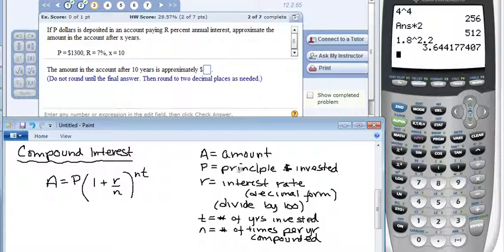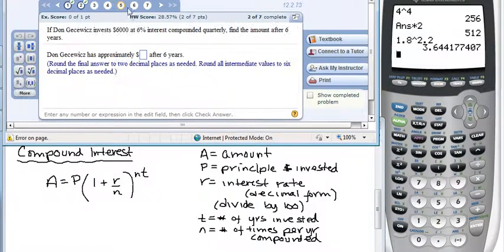If it says that it's an annual interest, that means it's compounded once. So N is 1, so N basically disappears. Some of these, we're going to have compounded quarterly, biannually, monthly, daily, and then N is not 1 any longer.